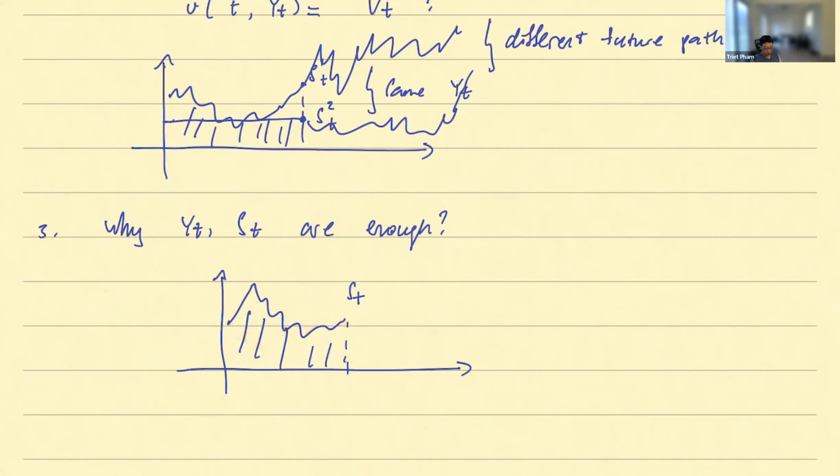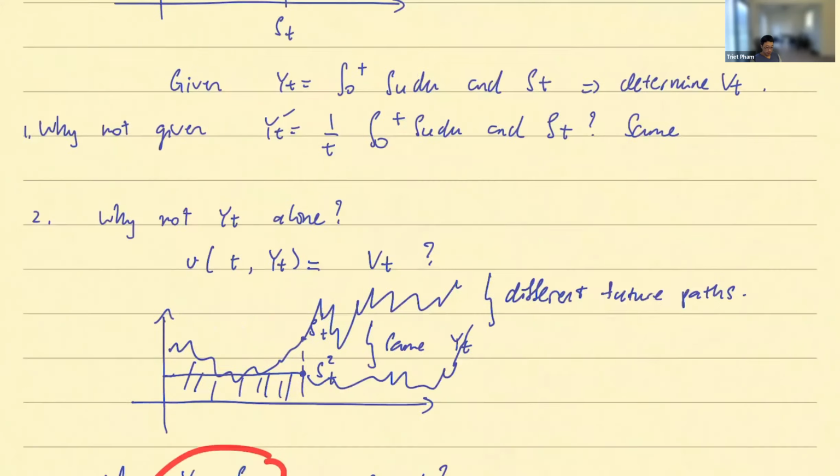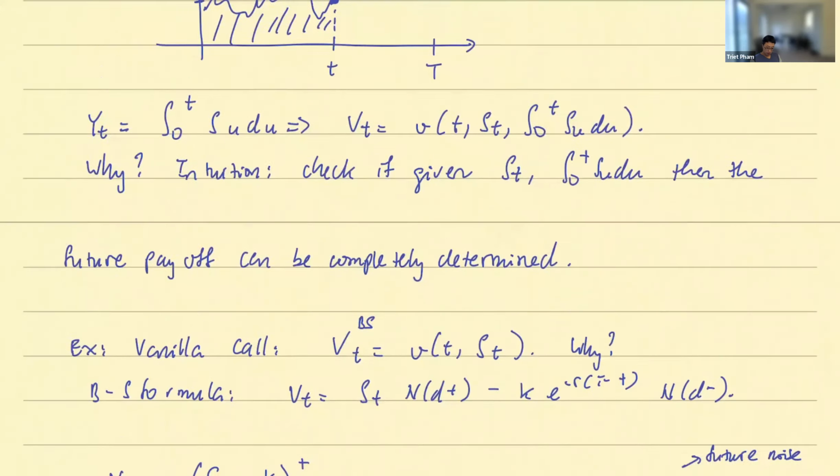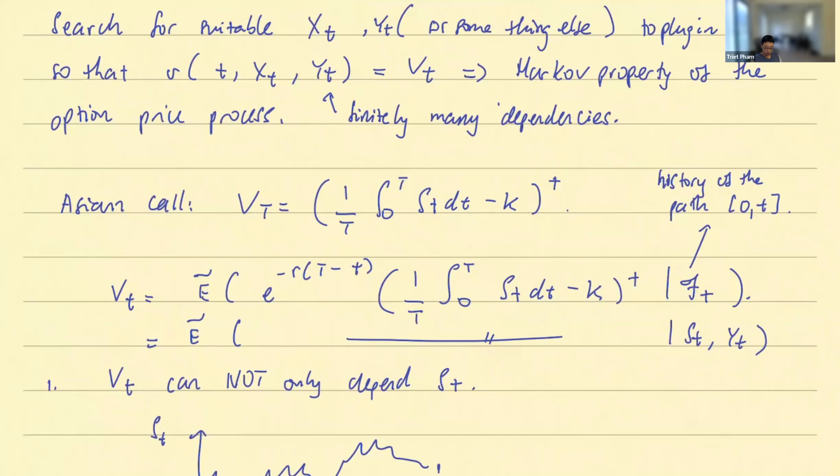So these two do not uniquely determine the past history. And that's exactly the point. If your goal is to reproduce the past history, then obviously you cannot reduce it down to only two points. That's not the point. The point is to capture the future.